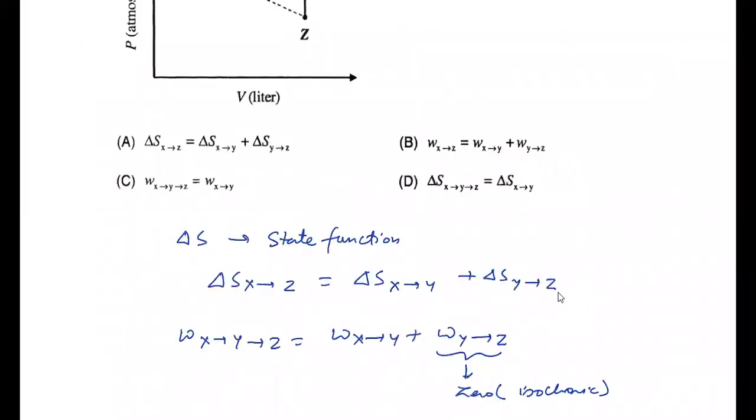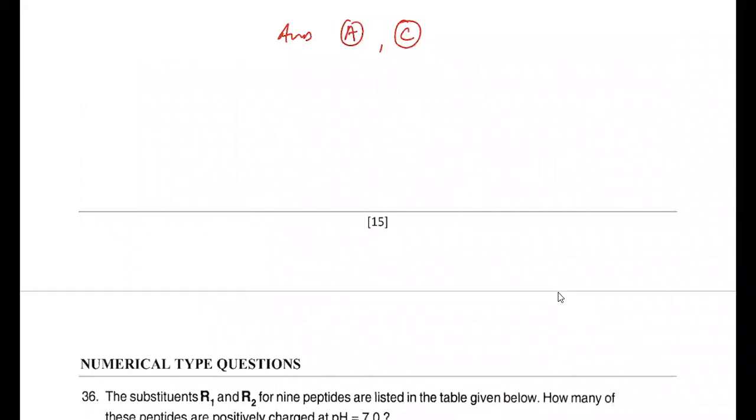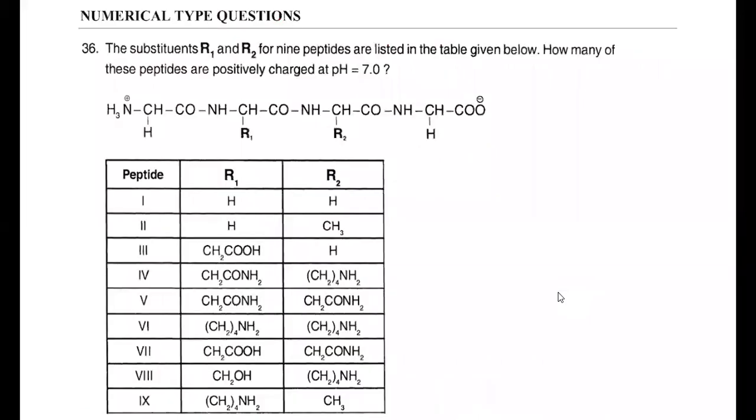Next question is question number 36. The substituents R1 and R2 for 9 peptides are listed in the table given below. How many of these peptides are positively charged at pH 7? It means you have to check in all these cases where the behavior is cationic. The basic logic is, you can see that here it is given in the form of a zwitterion. This is the anionic form, this is the cationic form, so this is actually the neutral form.